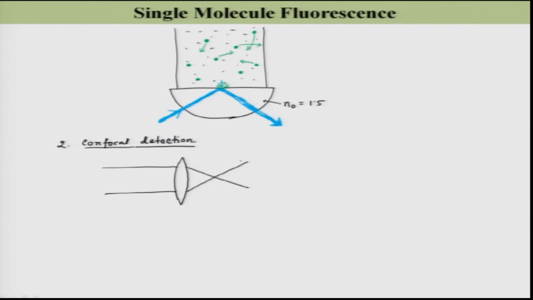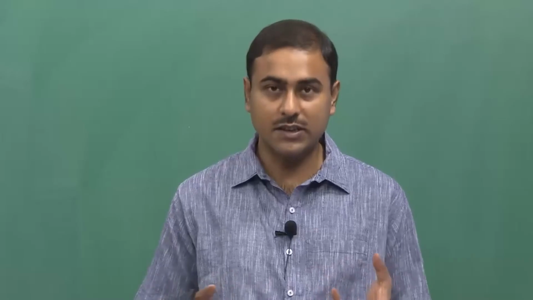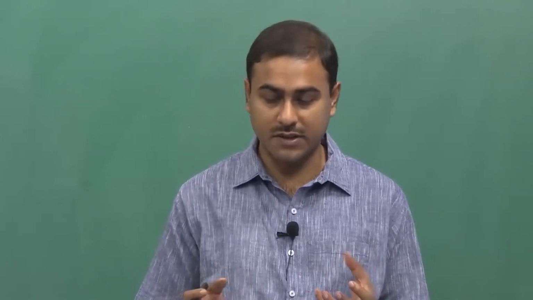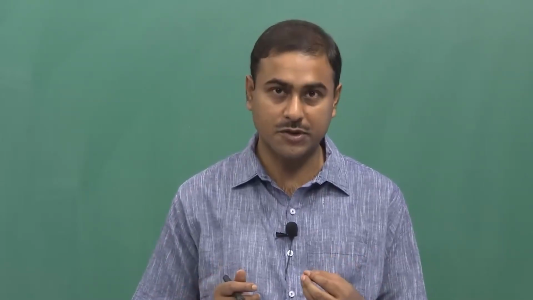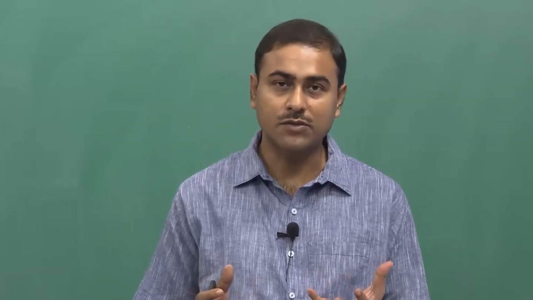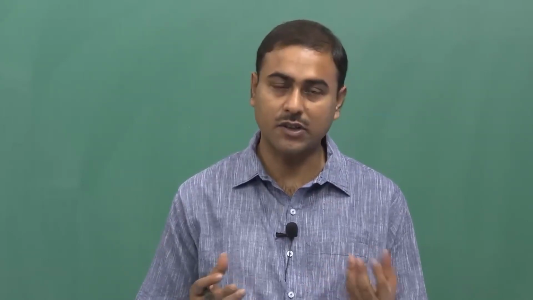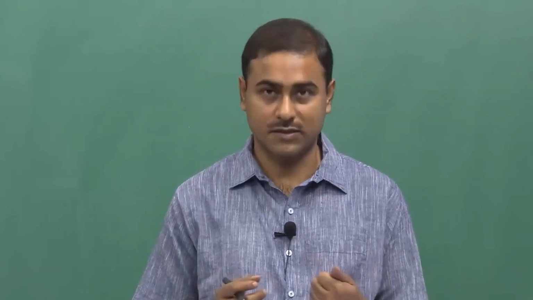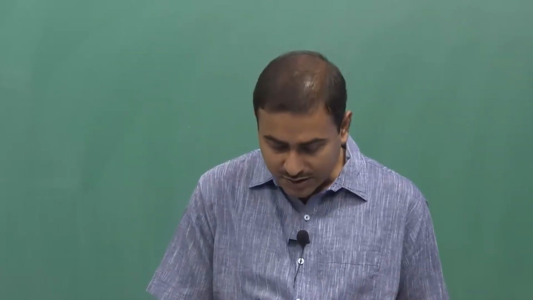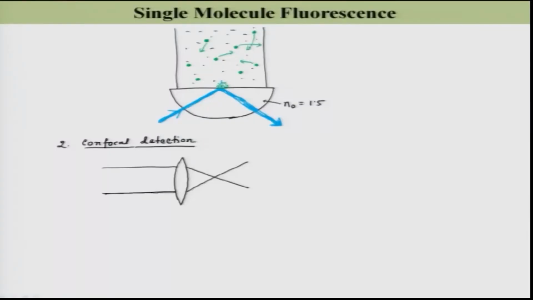Best you can do is the diffraction limited focusing. The size of the spot is diffraction limited focusing, and that you can do with a laser. So, in all this experiment, right, to achieve the small observation volume, the light source being used is the laser, because for the conventional light source you cannot focus so tightly, right. So, in this case you will get diffraction limited focusing.